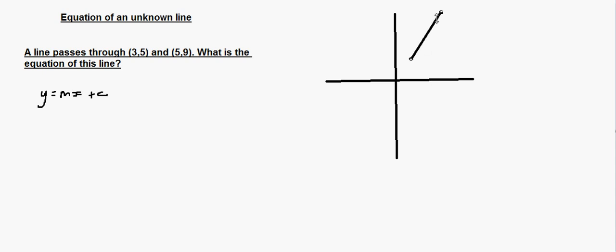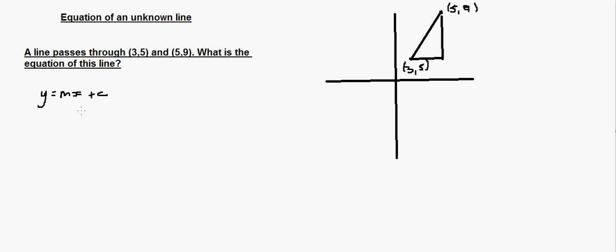Okay, so now what I do is I draw a triangle. Okay, so I know this is my point 3, 5, and I know this is my point 5, 9. Okay, these 2 points I do know.